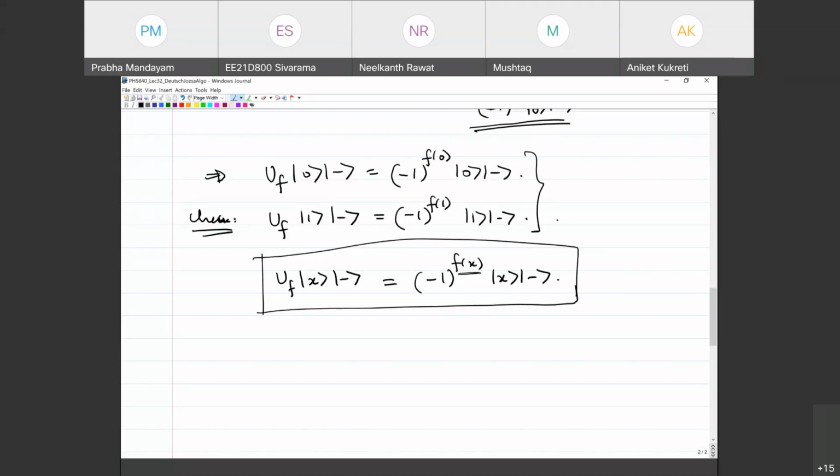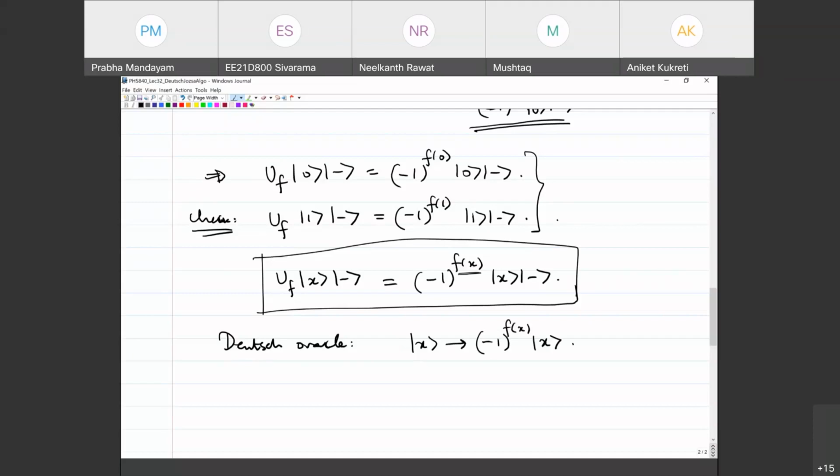So what some people like to do is to simply state the Deutsch oracle as Q, as something that takes |x⟩ to (-1)^f(x) |x⟩. Okay?